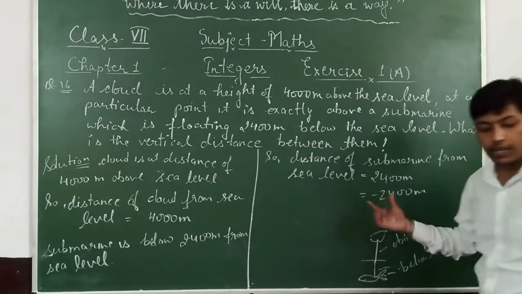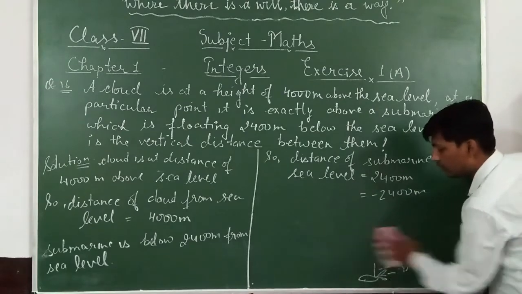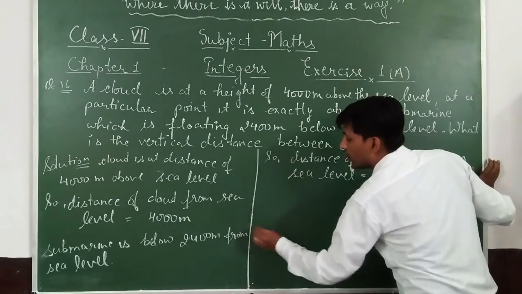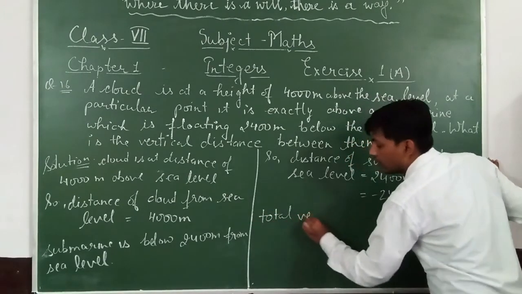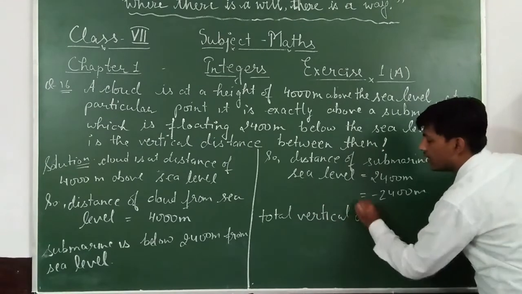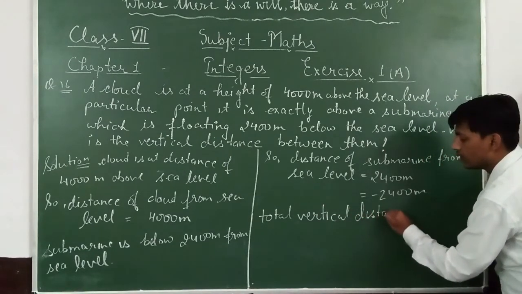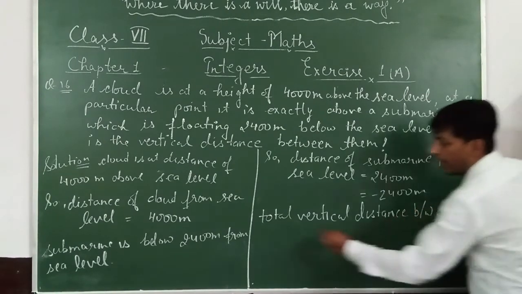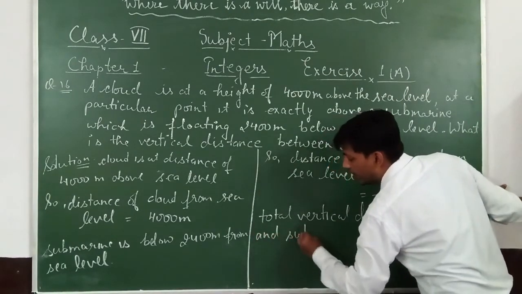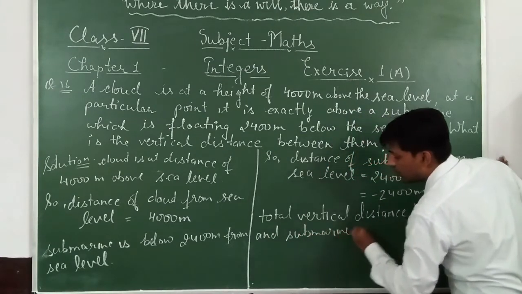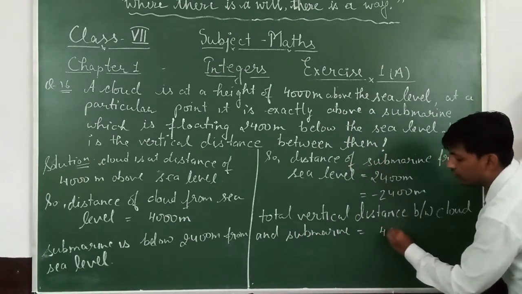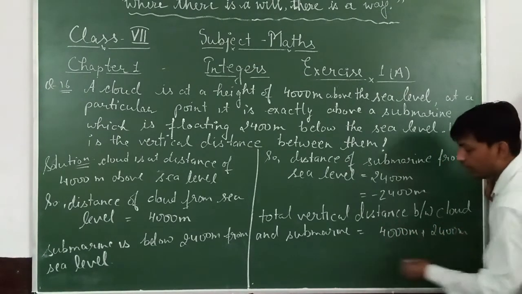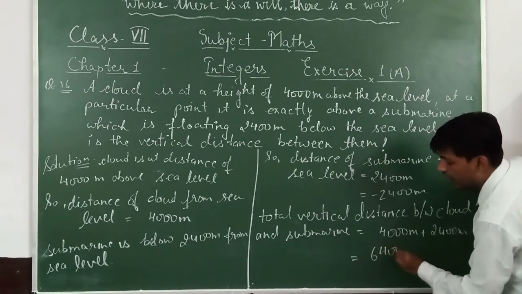So the total vertical distance between the cloud and the submarine will be 4000 meters plus 2400 meters. Add them, we will get 6400 meters.